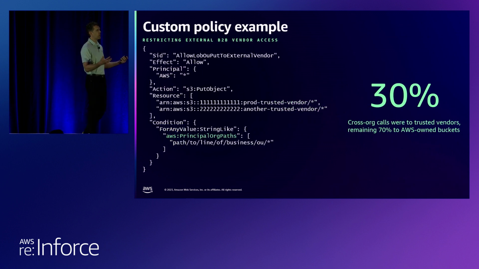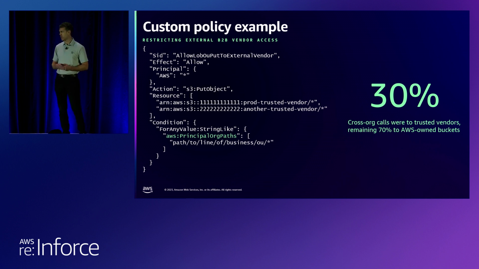Now, at USAA, we use two types of policies. The first being what we call a custom policy. Custom here denotes a specific access pattern that's required by a single use case or a group of very similar use cases. And as Caleb touched on earlier, 30% of our cross-organizational calls went to trusted vendors, with the remaining 70% to Amazon-owned buckets for things like the CloudWatch or the SSM agent.